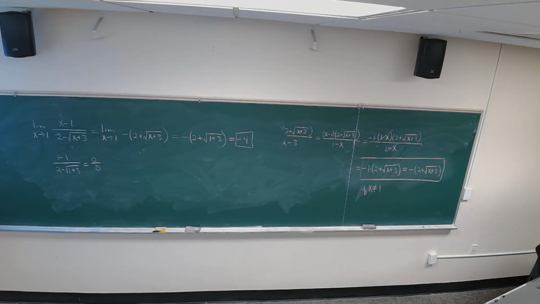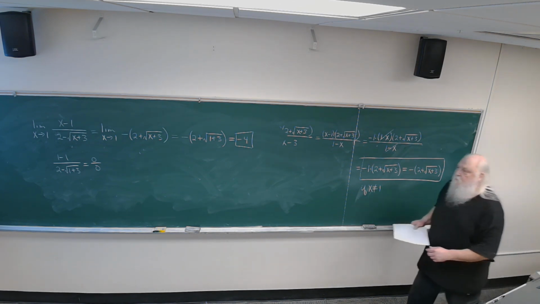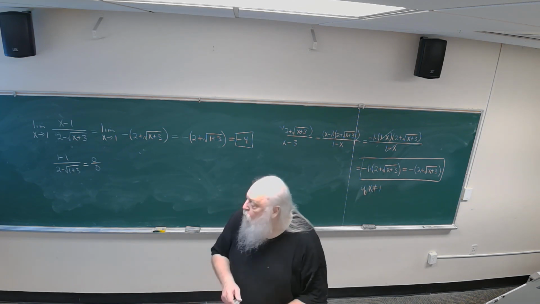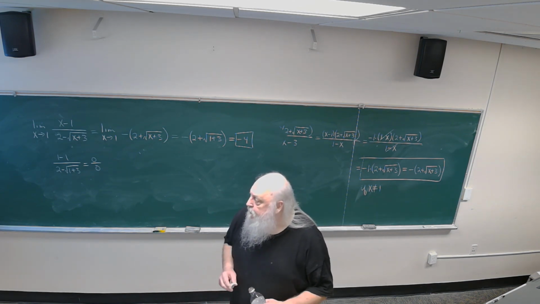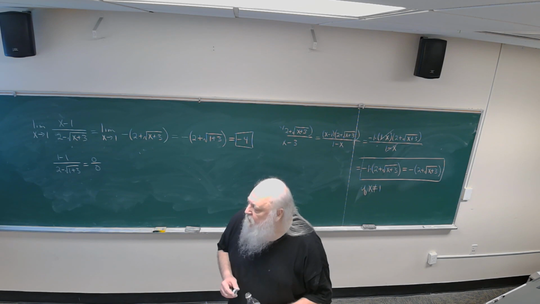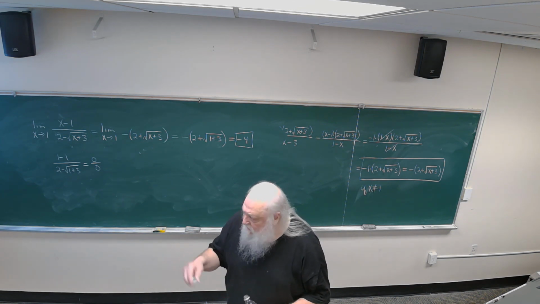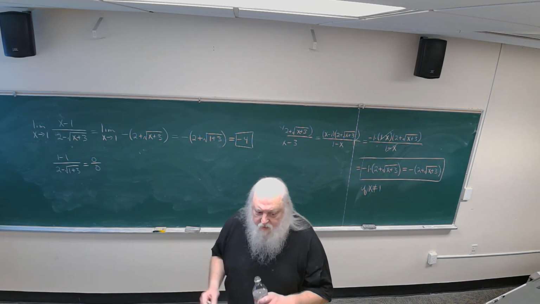So in this case, we're going to rationalize the numerator. And in Math 120, in Calc 1, when you're finding the derivative of a function using the definition of a derivative, you often have to rationalize the numerator.